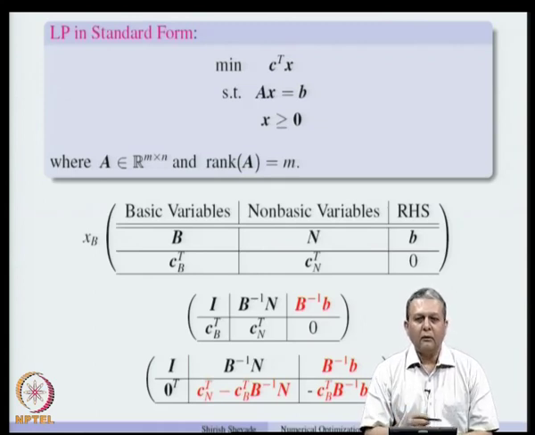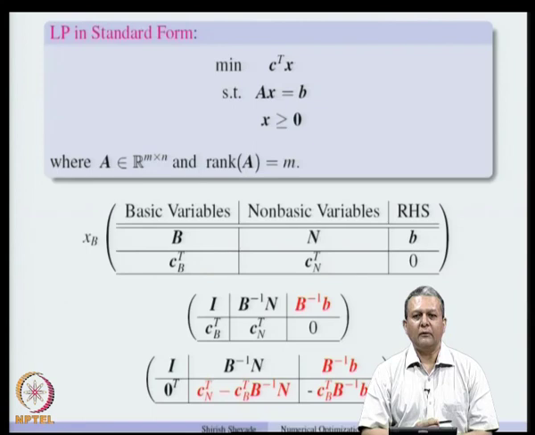Now, in the last class we saw that we wanted three pieces of information at every iteration, and that is the basic variable value, which is B inverse b, and the current objective function value, which is c_B transpose B inverse b, and the relative cost or the lambdas, the Lagrange multipliers corresponding to the non-basic variables.